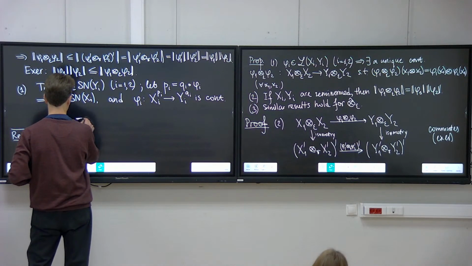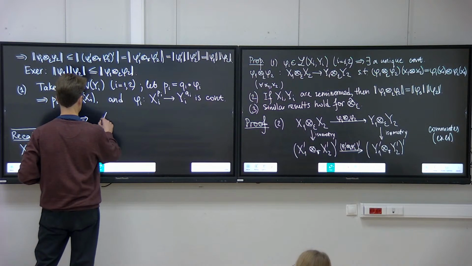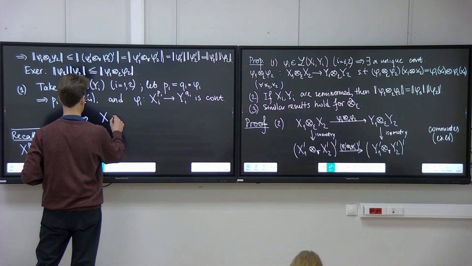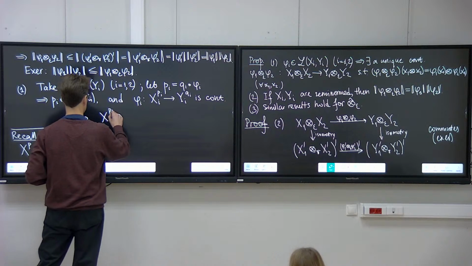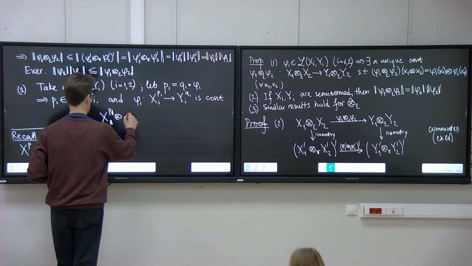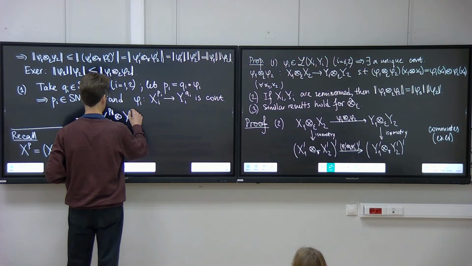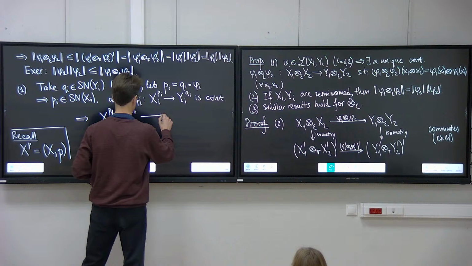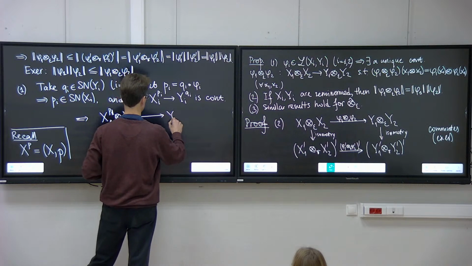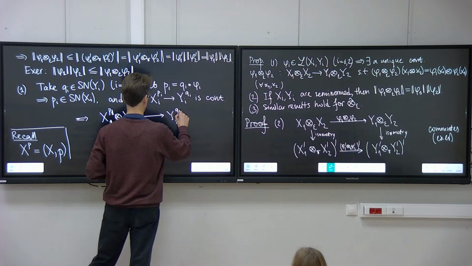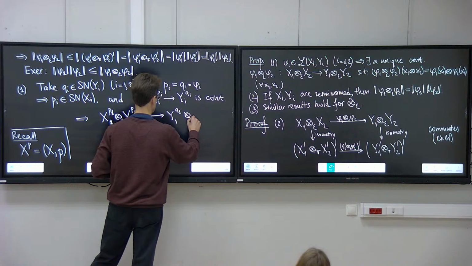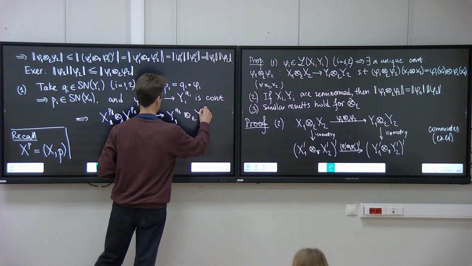So this implies that if we take the injective tensor product of the respective seminorm spaces, x1 with p1 and x2 with p2, then we have a continuous map from this space to the injective tensor product of y1 with q1 and y2 with q2.